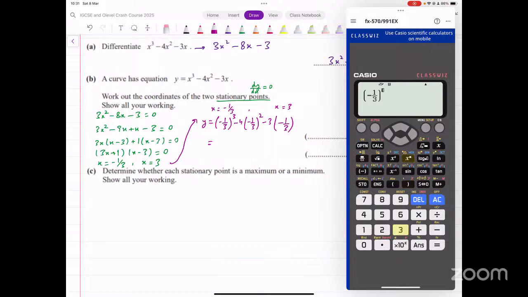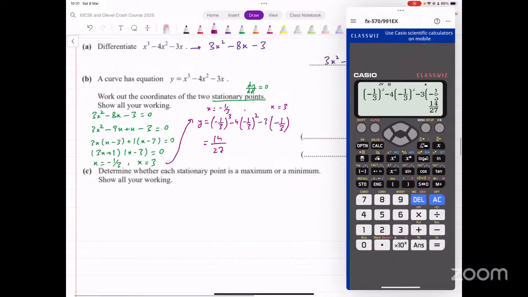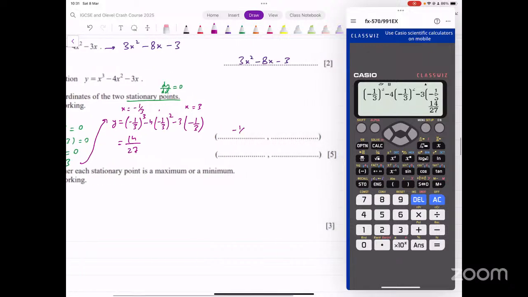That's giving me 14 over 27. So these are the coordinates of the first stationary point, minus 1 over 3 and 14 over 27.